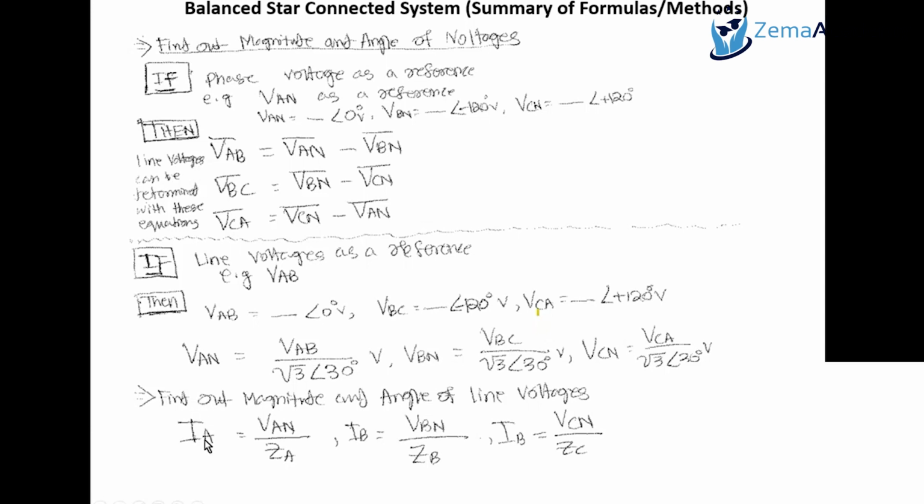Of course, Ohm's law would still be the same. In order for us to calculate the phase currents IA, IB, IC, we must have the phase voltages. If by mistake you use the line voltages in Ohm's law, then it will give you the wrong answer and it is the wrong approach.